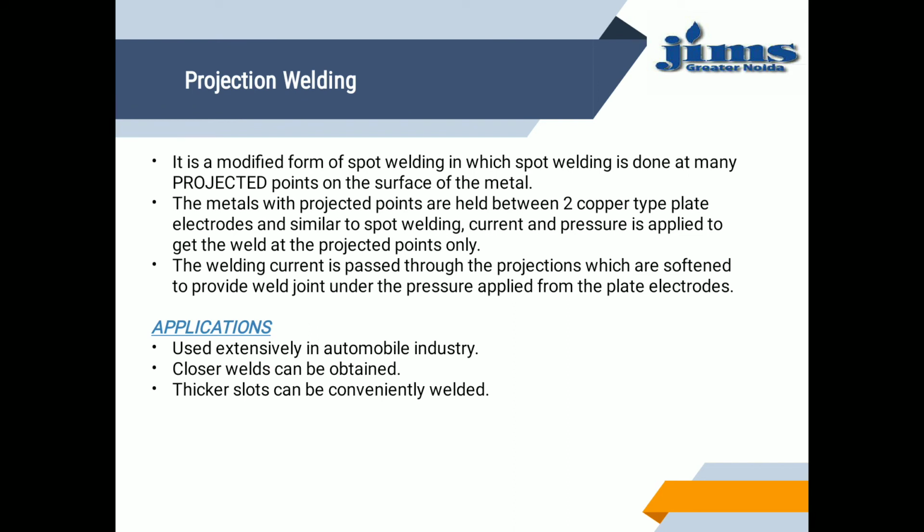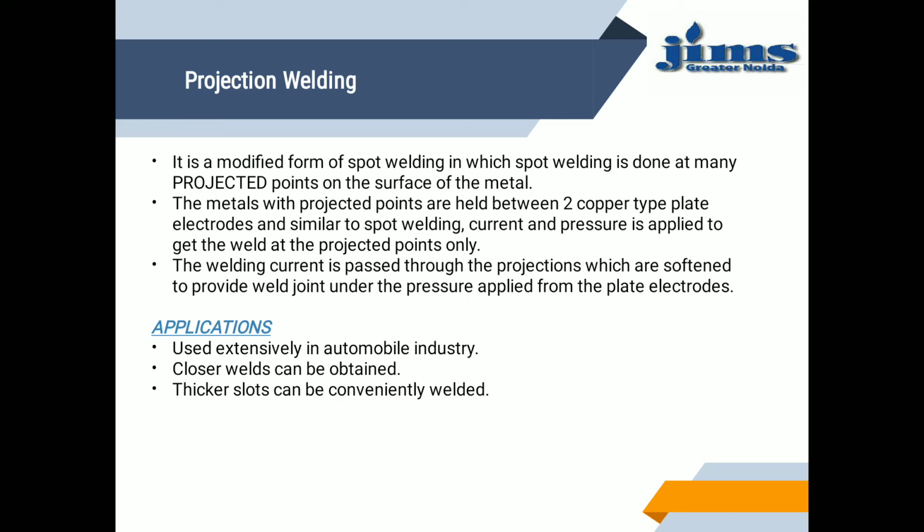It is a modified form of spot welding in which spot welding is done at many projecting points. The welding current is passed through the projections, which are softened to provide weld joints under the pressure applied from the plate electrodes. It is extensively used in the automobile industries.